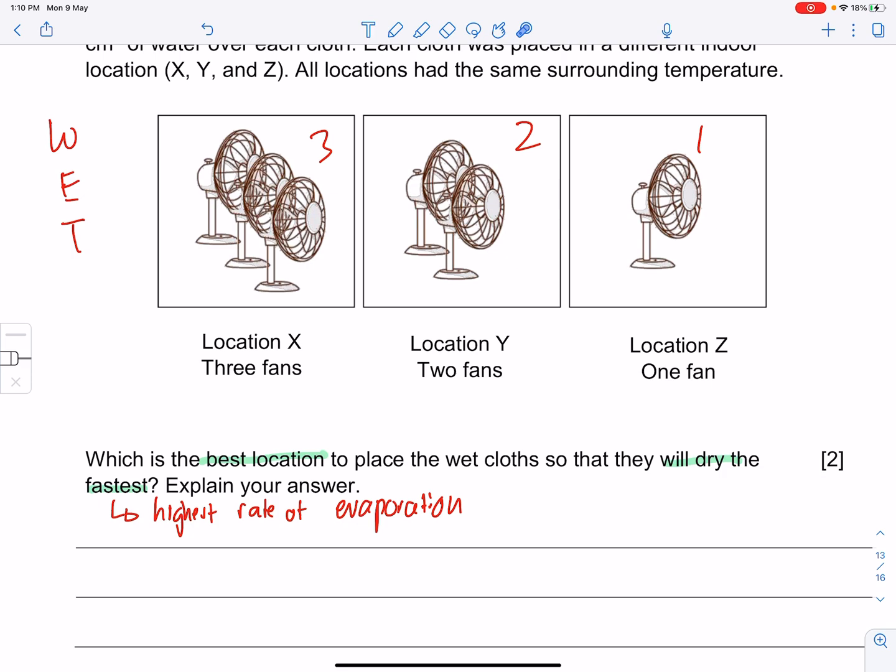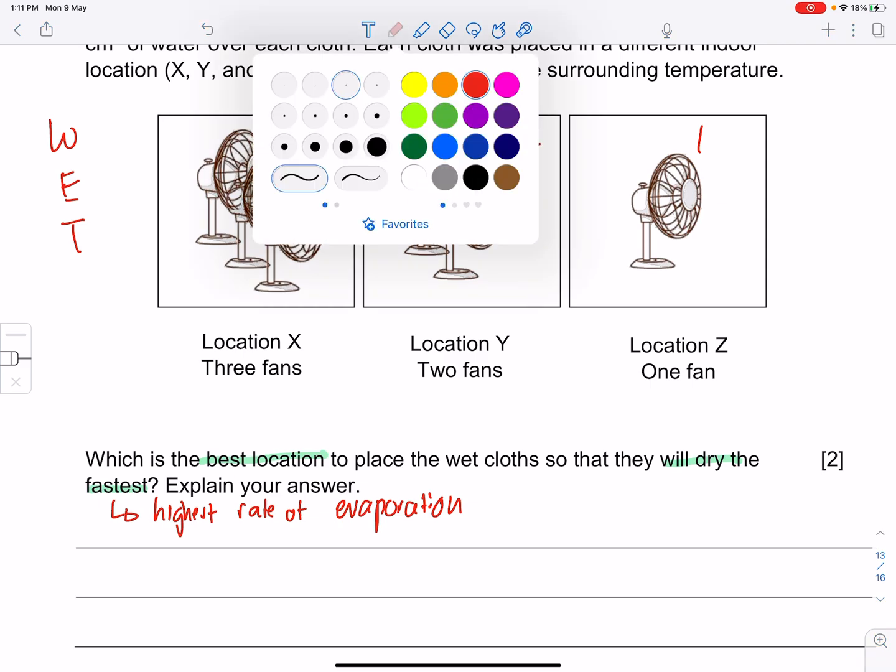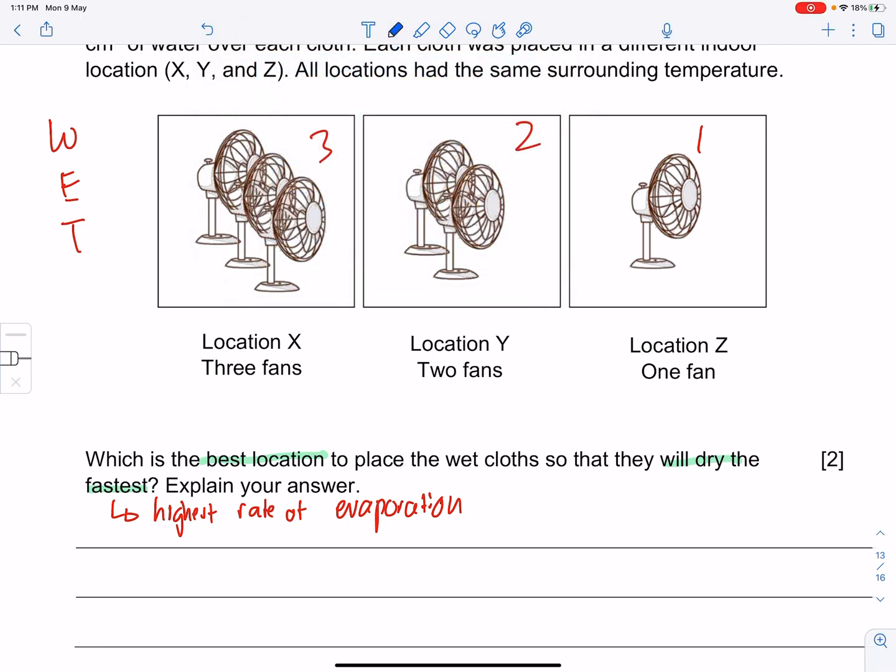Now the issue is that many of you have told me that location X has the most fans. Most fans, no use. Why? You never turn on. What is it about the fan that makes it increase the rate of evaporation? It is the wind speed.